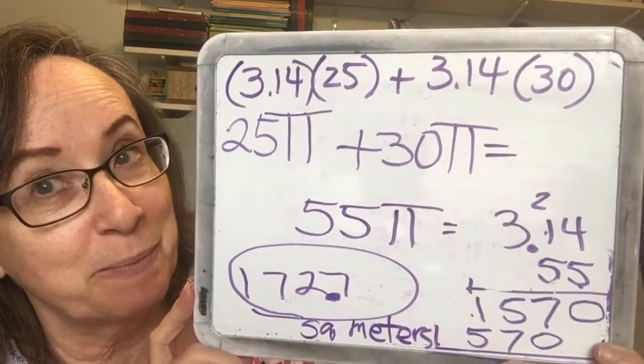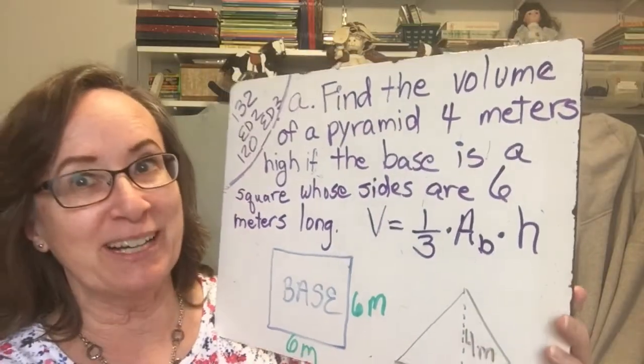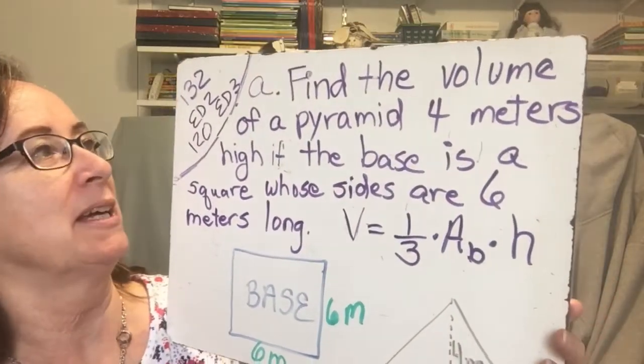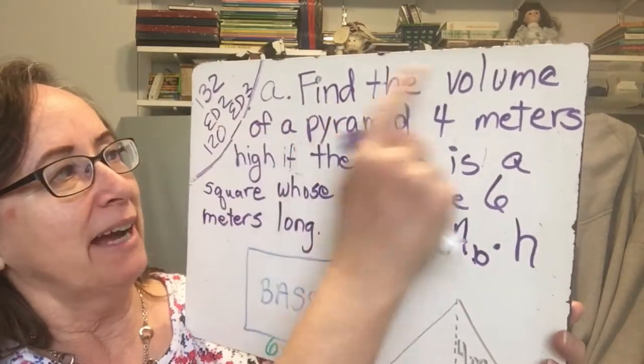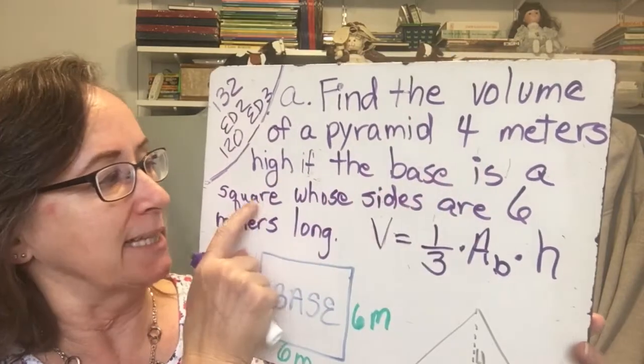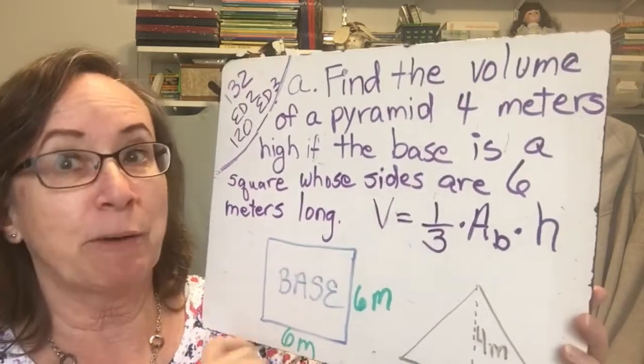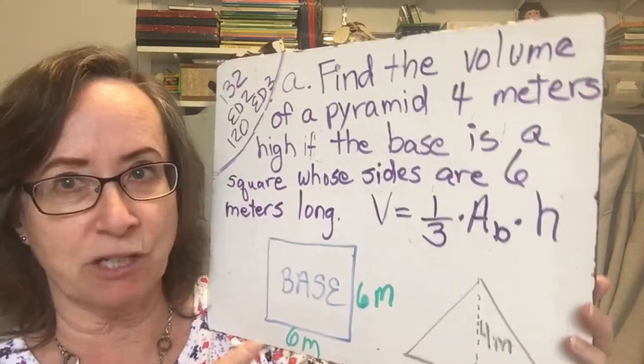Make sure you have some paper. These take a little bit of writing. All right, so here is our first practice problem. A, find the volume of a pyramid 4 meters high if the base is a square whose sides are 6 meters long. Okay, so now we're talking about volume, not surface area.